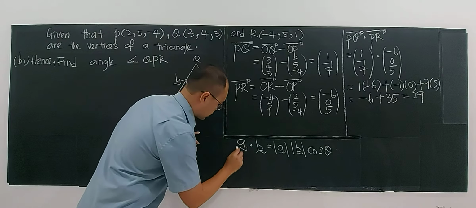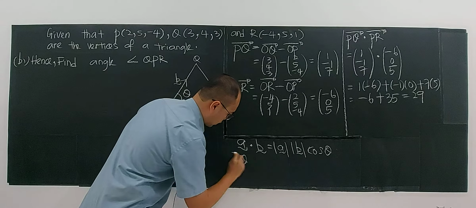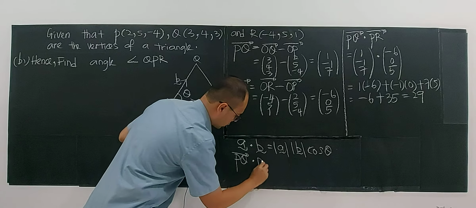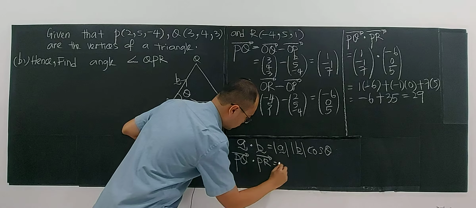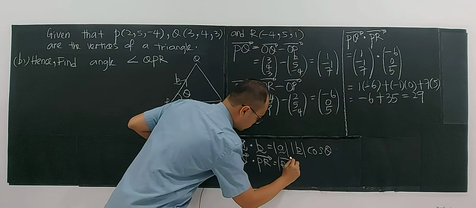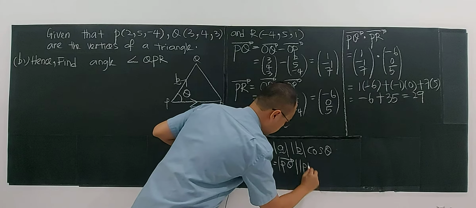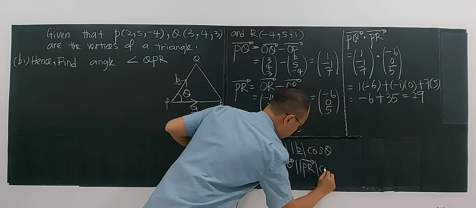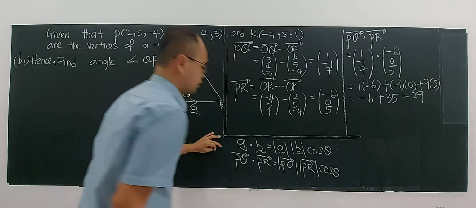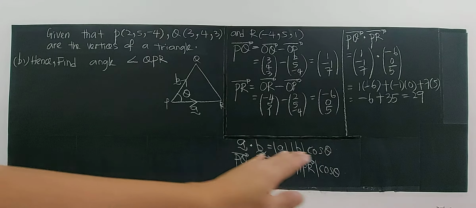So we can rewrite this as PQ dot PR equals the magnitude of PQ, magnitude of PR, cos theta.